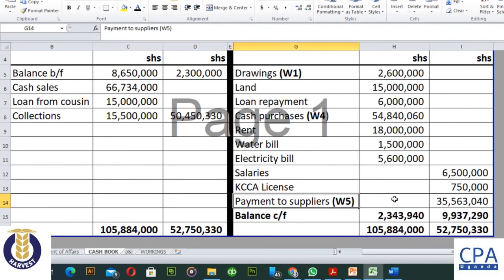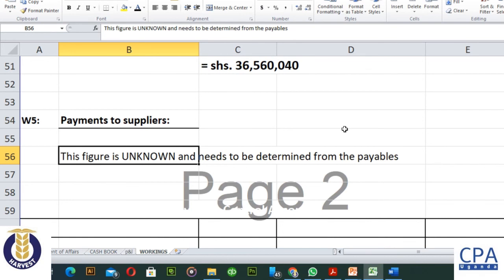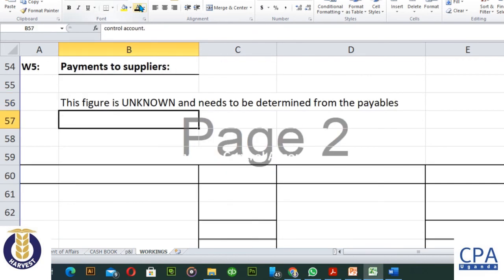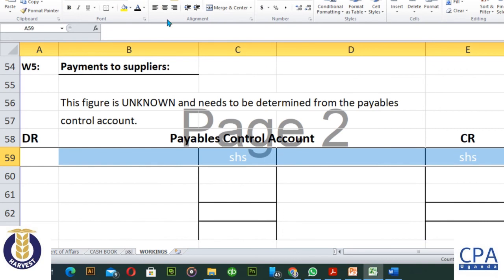Okay, working number 5, I've already discussed this in the previous lecture video. Working number 5, we're supposed to get the figure for payments to suppliers. Now this is unknown and needs to be determined from the payables control account.